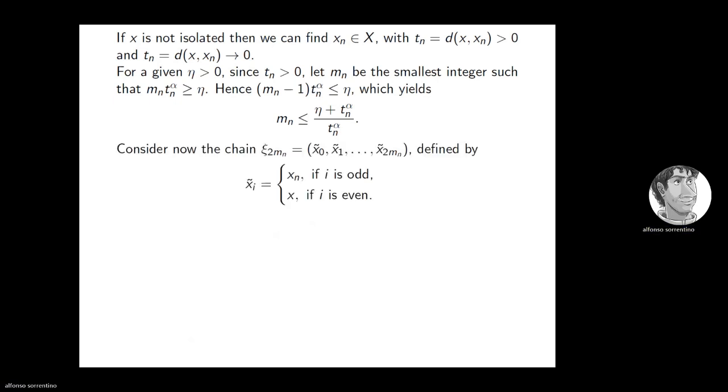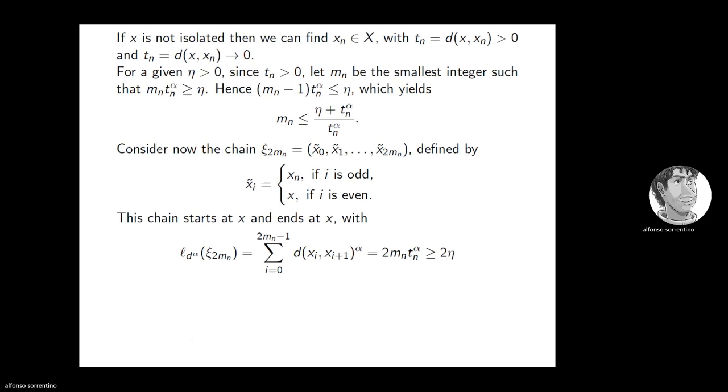Now we consider the chain which goes from x. We fix n and consider a chain with 2mn plus 1 elements, because we start at 0. We start at x, then go to xn, come back to x, go back to xn, etc., till we come back to x after 2mn steps.